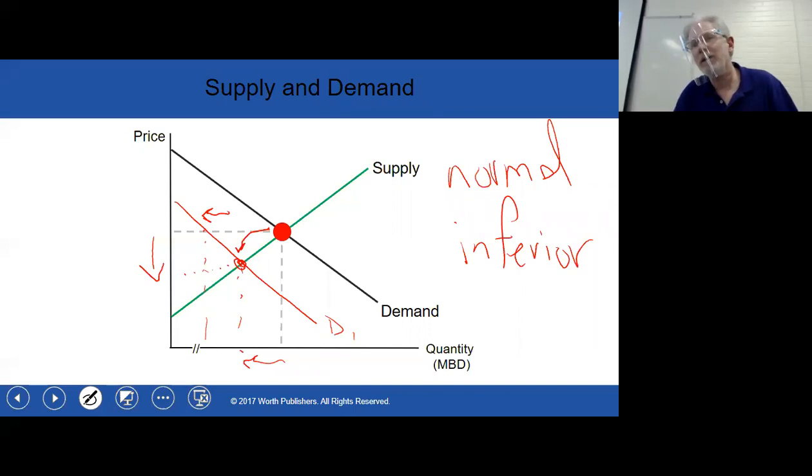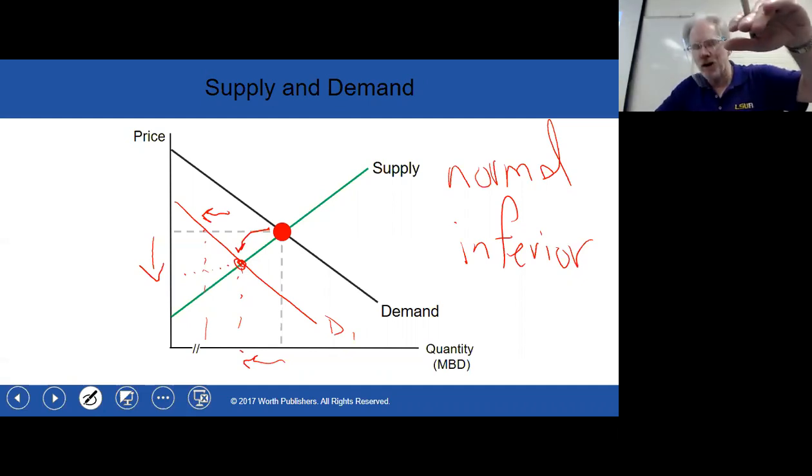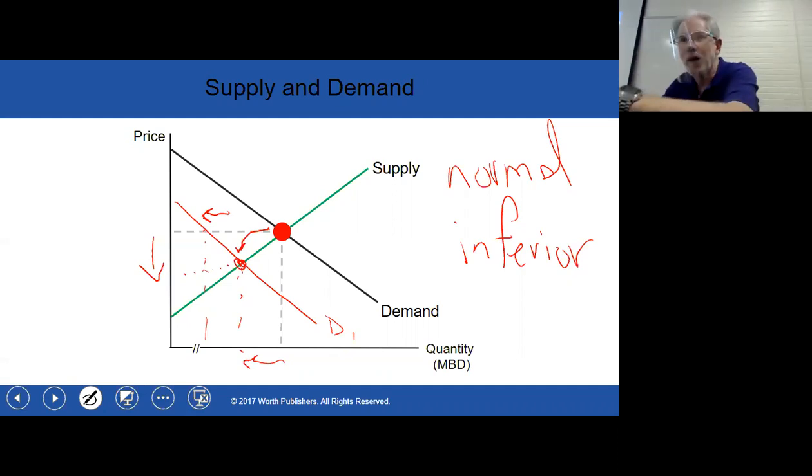And so when their income goes up, they don't buy more of the low quality product. They choose to switch to a higher quality product. As their income goes up, their demand for ramen noodles goes down, their demand for steak goes up. So they're switching from the low quality into the higher quality good.